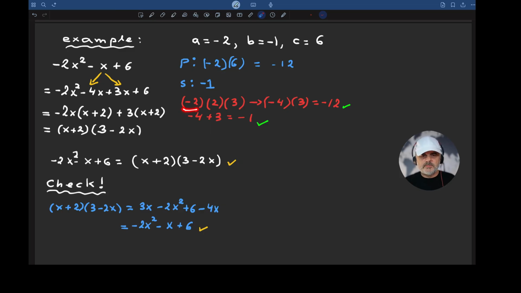So we go back to the product. So we have -2, which is already in its simplest form. 6, you split into 2 and 3, and then you play around with the numbers. So 2 times 3 is 6, plus -2 would not get you -1. So you start by trying out different possibilities.